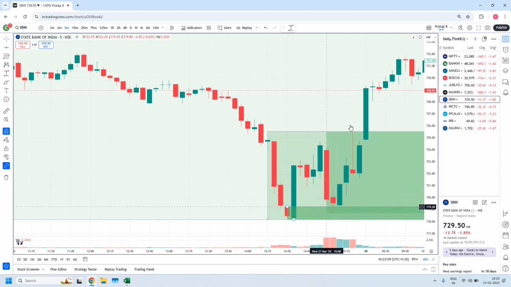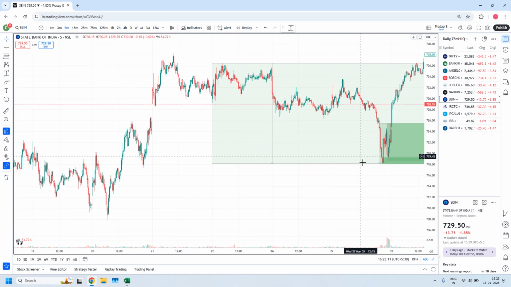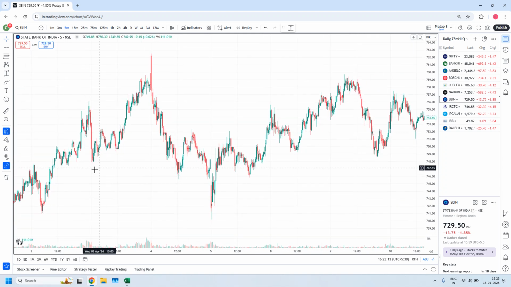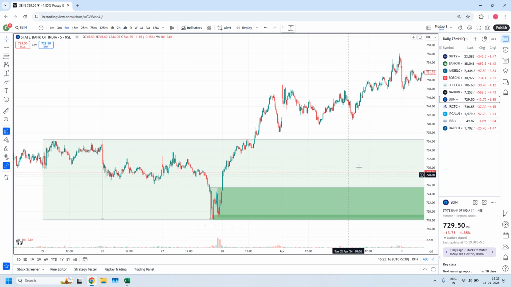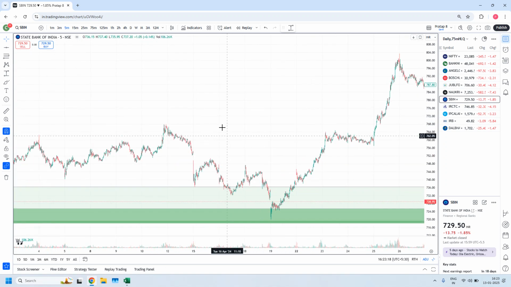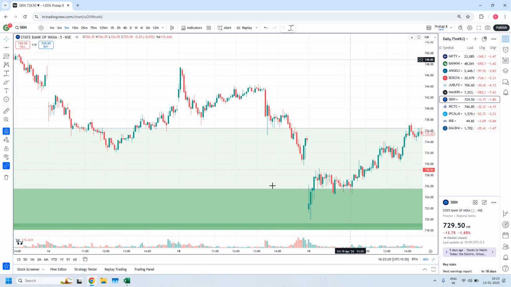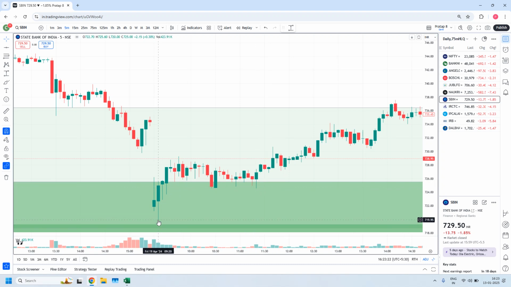Drop base rally, new order flows are created, and this zone is also tested once after that. It was tested the first time, and the second time also. Tested means price came very close with the entry buffer. This trade you would have got, and it gave a very good move here.